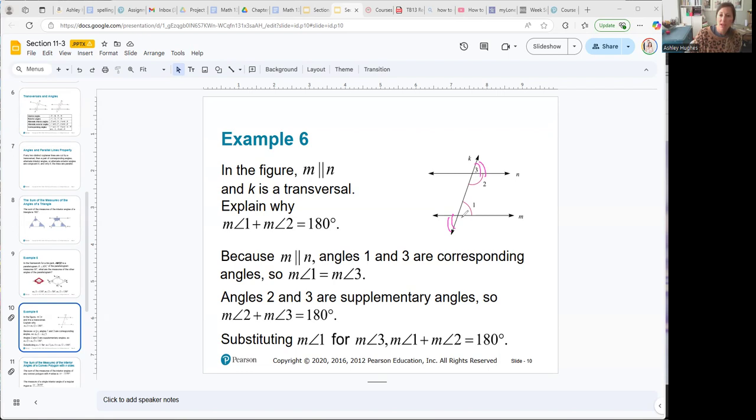And so because of that, angle 3 and angle 1 are the same. Then angle 2 and 3 are supplementary since they make a line, which means that angle 1 and 2 are supplementary. So that's why we know that they equal 180 degrees. Supplementary means add to be 180, or they're on the same line.